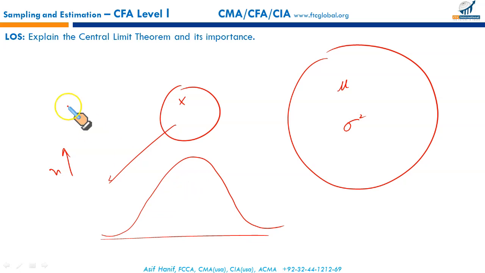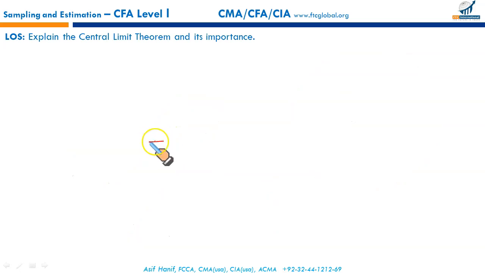So the basic idea behind this theorem, the central limit theorem, is that when the number of samples increases, then the sampling distribution will tend to become an almost normal distribution. So a very useful tool, especially when we will be constructing confidence intervals just after a few slides, or especially when testing hypothesis. That's your next reading.